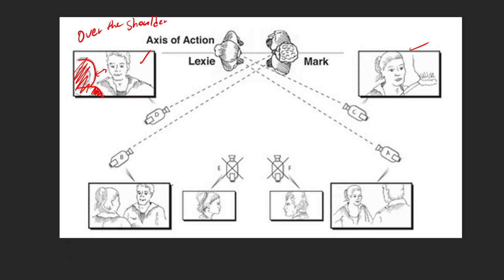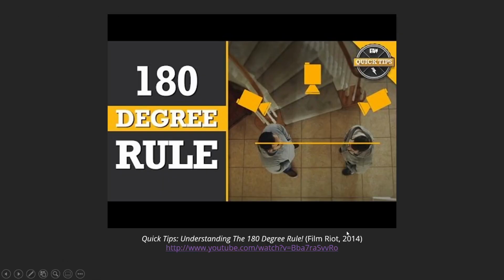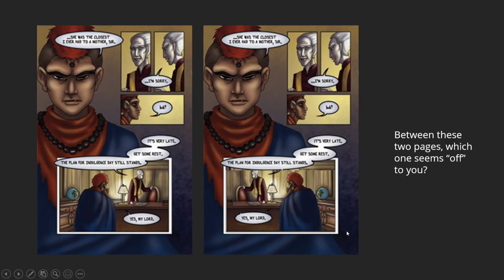But you see, it's super important in film that no matter where you put the camera, you cannot switch. You cannot suddenly have the girl on this side and then the guy on that side when earlier he was on this side. It's very, very weird. If you don't believe me, I'll show you this image. Okay, look at 1 and look at 2. Which one feels weirder?